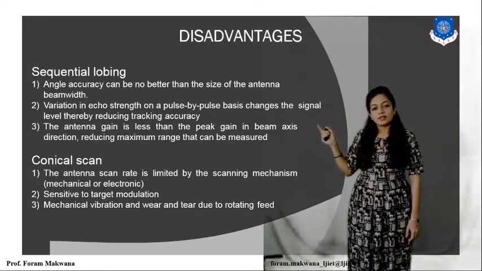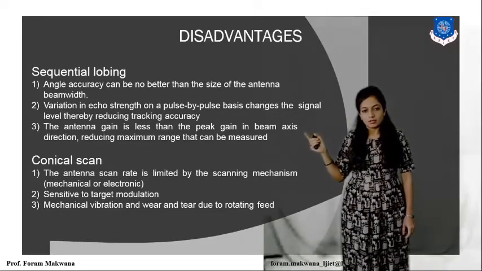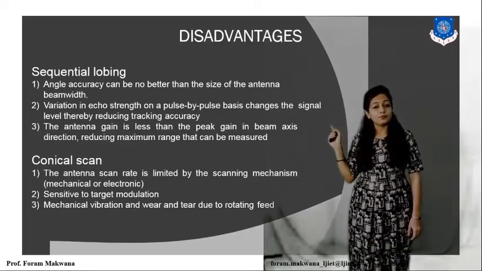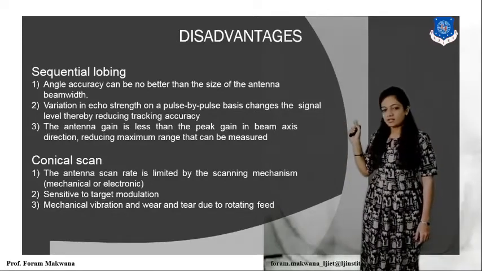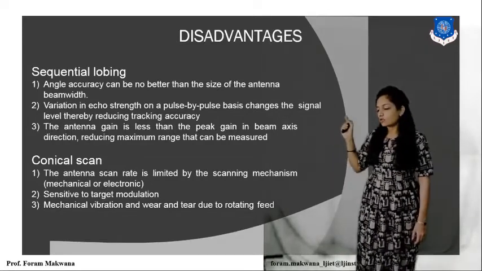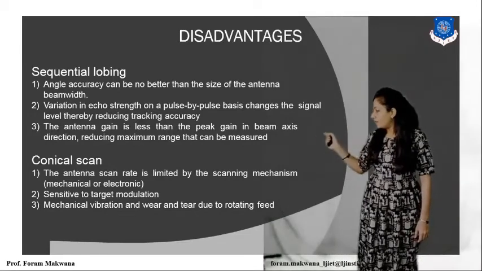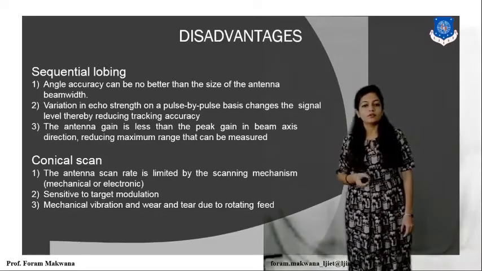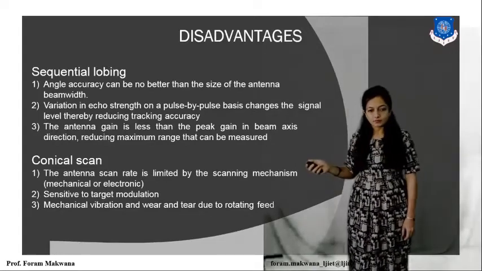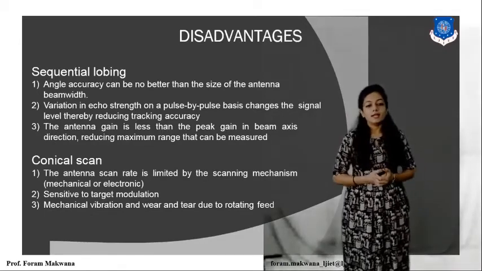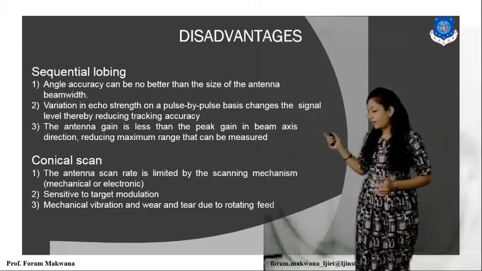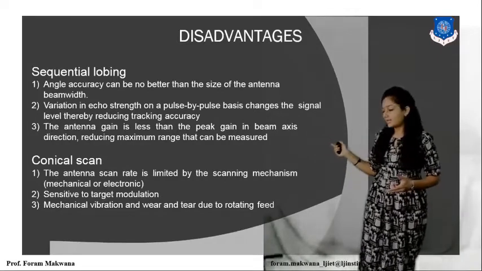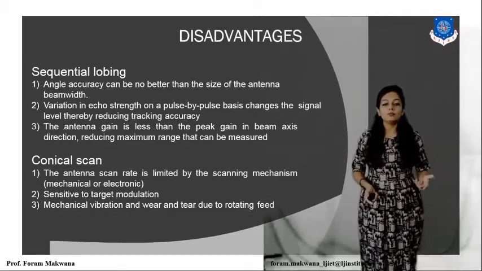There is a variation in the echo signal pulse by pulse, so the signal level also changes, which ultimately reduces the accuracy of the radar. Third, the antenna gain is less than the peak gain in the beam axis direction, so it reduces the maximum range that can be measured.